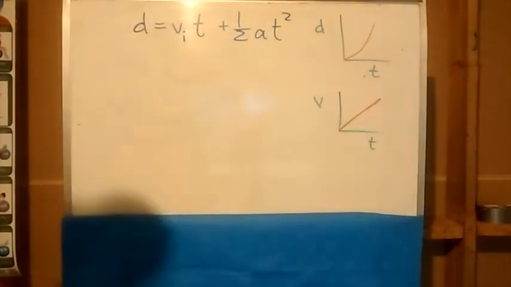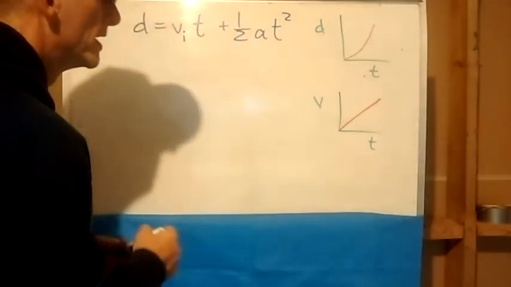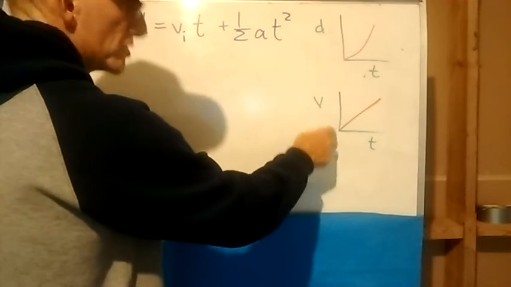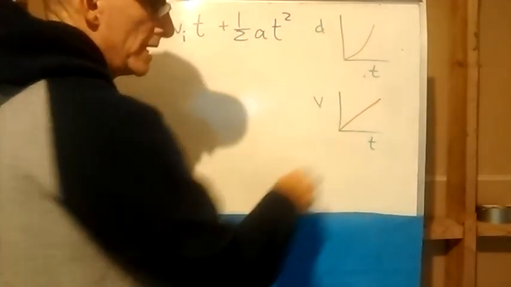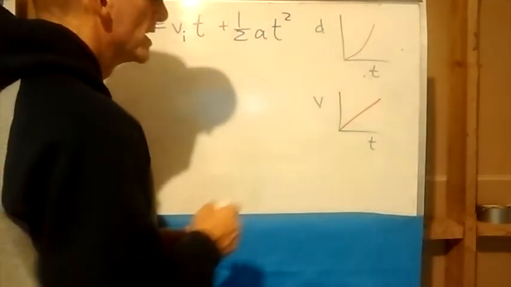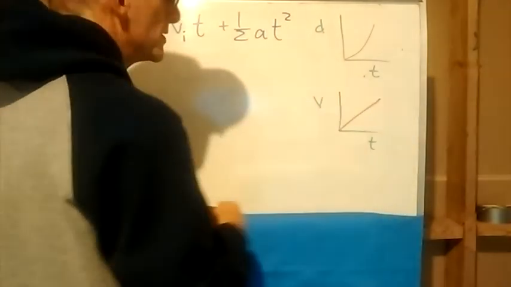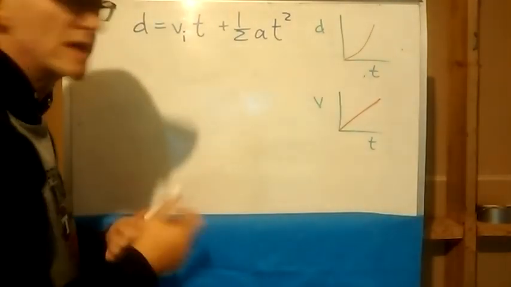If we look at the data of a falling ball or a falling human or a falling car even, we'll get a straight line graph of velocity versus time, if it's under the influence of gravity or some other constant acceleration. It's a straight line. So you're going to have an equation that looks like a straight line, y equals mx plus b.